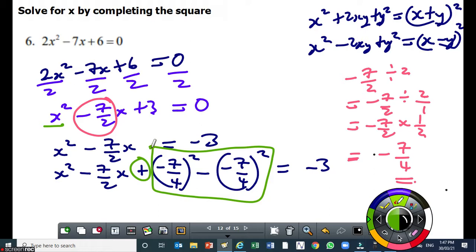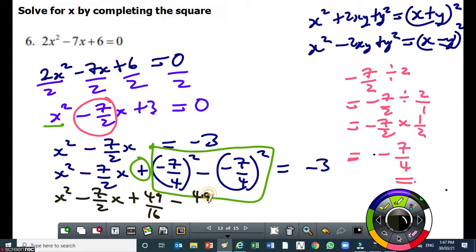So this is a mathematical manipulation that is used to solve the problem. You find the answer here and also there. It's the same, by the way, but the signs are different. So from there I'll write x squared minus 7 over 2 x plus 49 over 16 minus 49 over 16 is equal to negative 3.